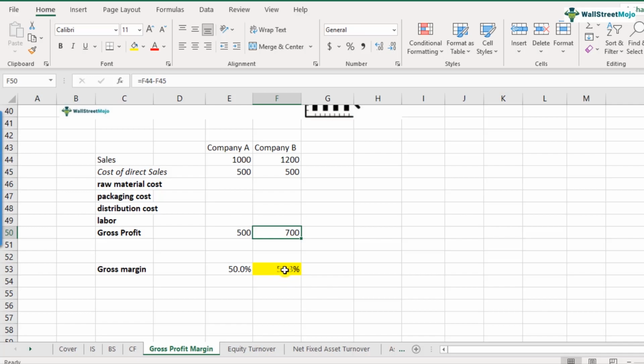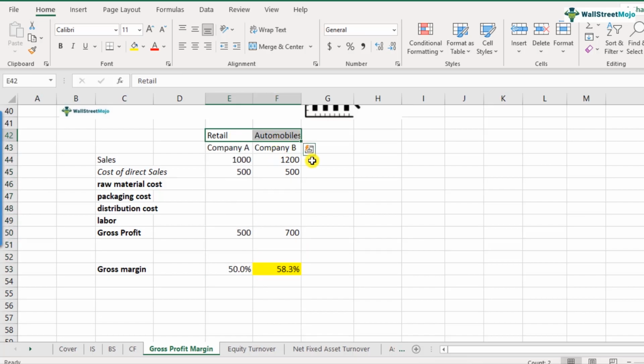That's much higher. Now, having said that, you need to be cautious that both these companies should be from the same industry. You cannot compare, let's say, company A in retail and company B in automobile. You cannot say that company B is doing better and company A is not, because they are in different, unrelated industries.